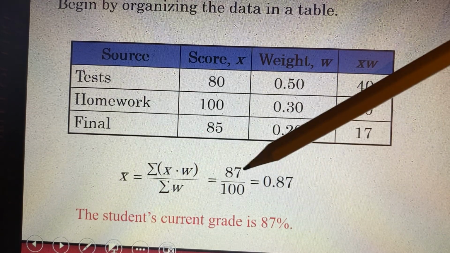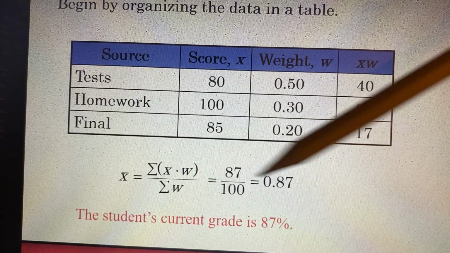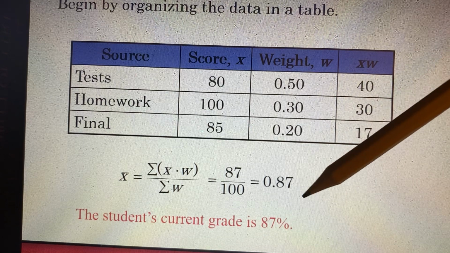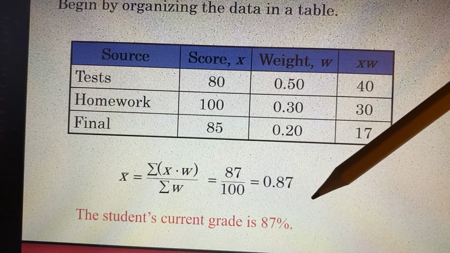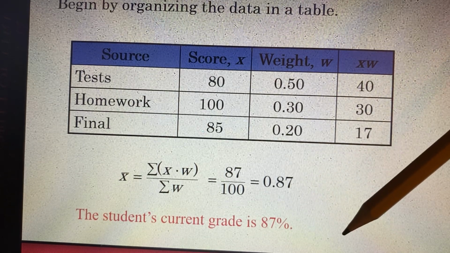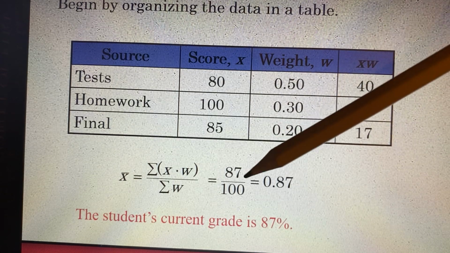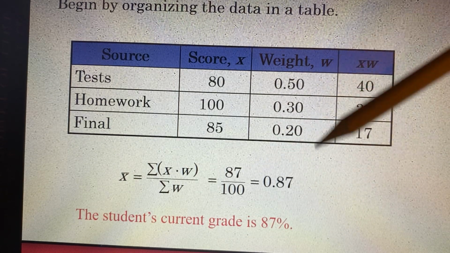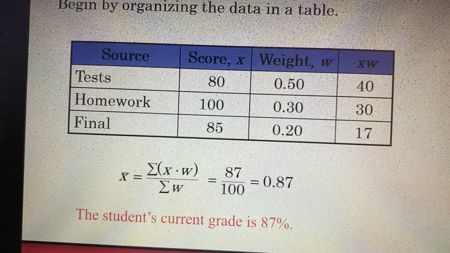So when you divide the 87 by 100, it gave us 0.87, which when you change it back to a percent would be 87%. But if you had just done the 87 divided by 1, it would have left it as 87%. So just pay attention to how the question is asking for the answer, whether they want the answer in decimal form or as a percentage.